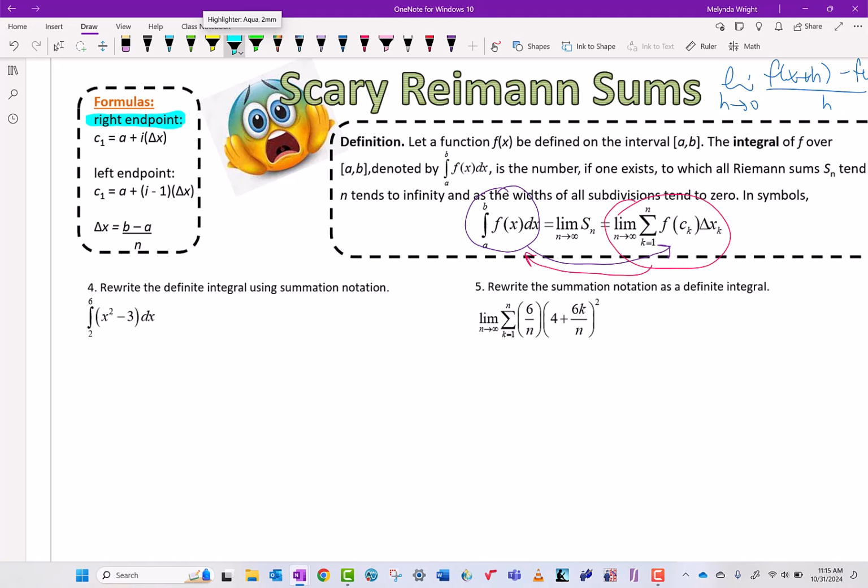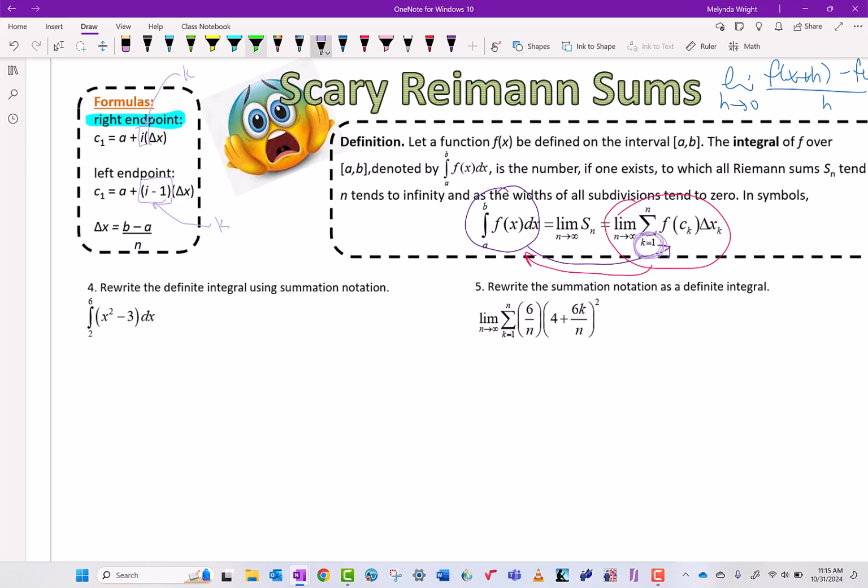The only difference between these two, if you'll look, is how this i is set up. In the right endpoint, it's just the i, and in the left endpoint, it's the i minus 1. And I'm actually going to use the letter k for the i, because this notation over here is using a k. That's okay, you can do that.